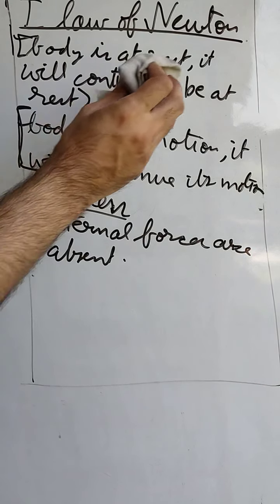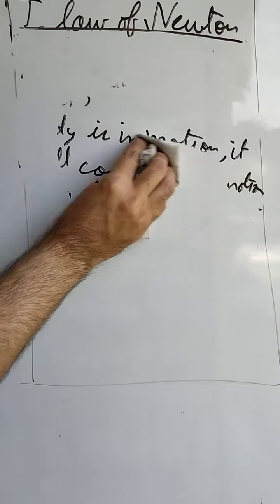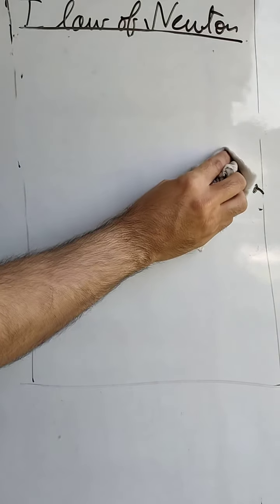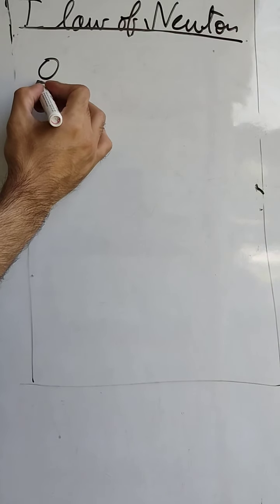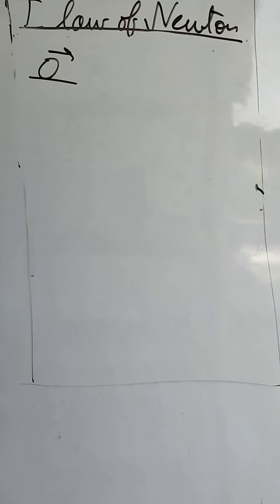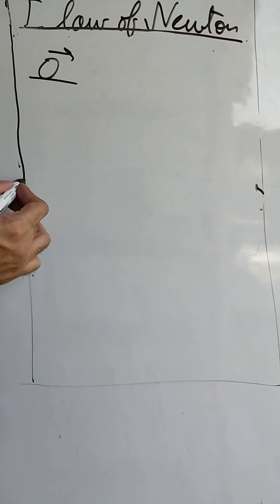Okay, let us understand it with the help of an example. Now let us say the body is in motion. There is a ball which is moving on a floor in this direction. Now if there is no external force, then what will stop this body? We already studied that force is used to change the state of motion.